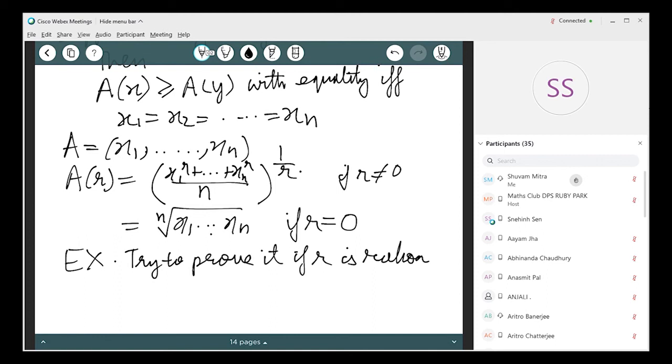This is something you can try. It's not that hard. Some basic tools would help you out. First just prove it for integers, and then the proof for rational follows.